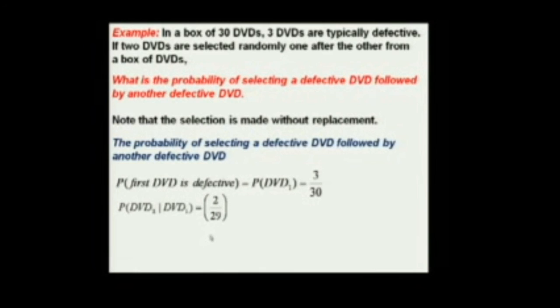And to calculate the probability of the second DVD being defective, given that the first one was, we have 29 left, and since the first one was taken, 2 defective DVDs, so that's 2 divided by 29. Of course, the probability of selecting a defective DVD followed by another will be the multiplication of these two probability values.